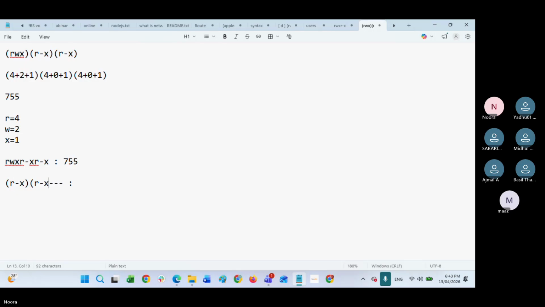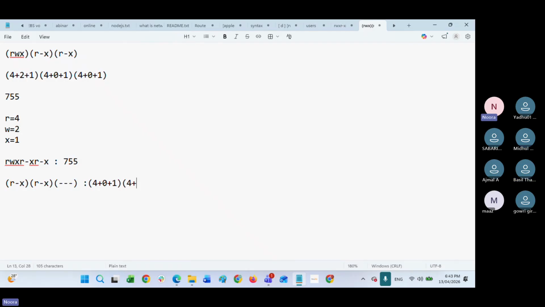Can anybody tell me what is the first breakdown? Substitute the value. Yeah, 4 plus 0 plus 1. Then 4 plus 0 plus 1.